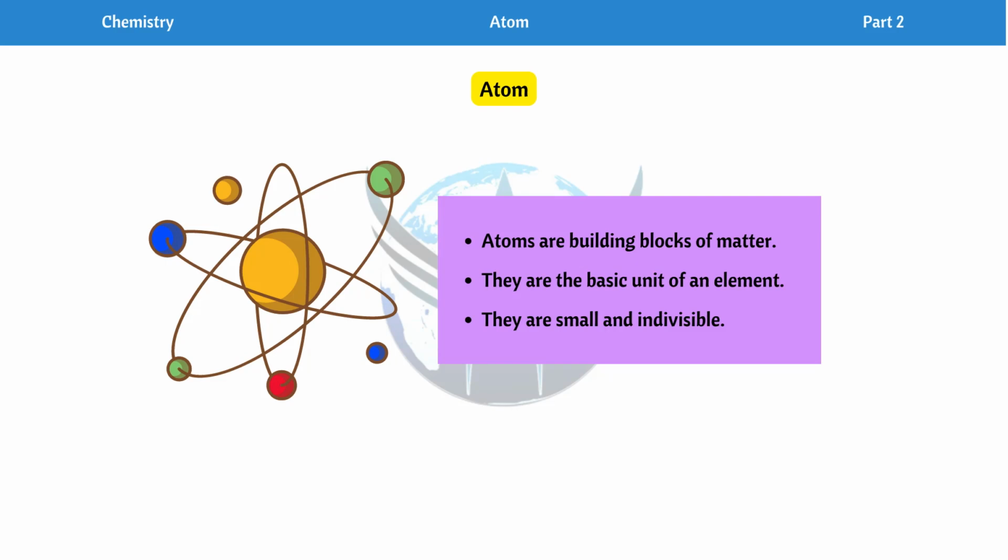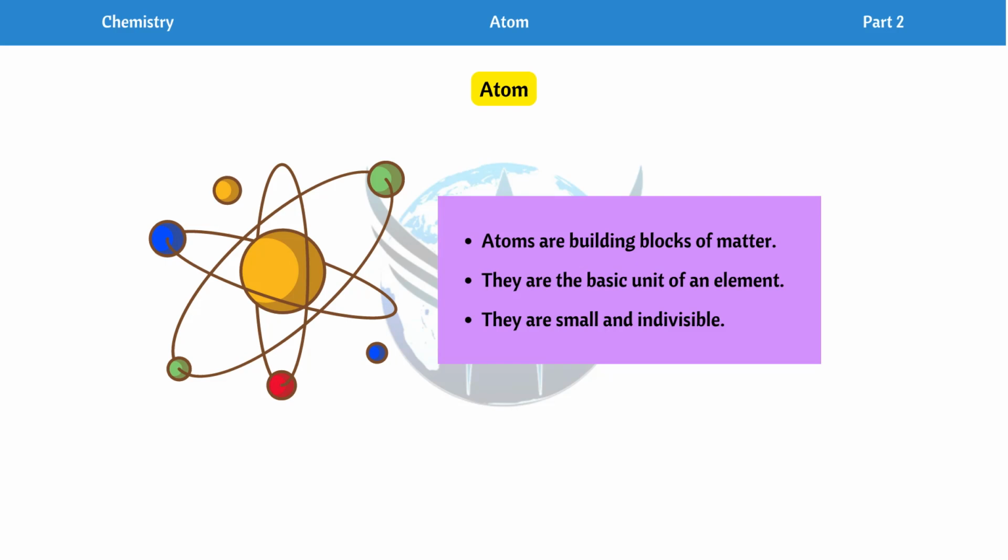So here we can say that the postulates Dalton put forward in 1803 are not completely true, not 100% correct. That is why we do not currently accept Dalton's atomic theory. It is not accepted. But still studying Dalton's atomic theory is important because it gives us a nice starting point to understand atom.